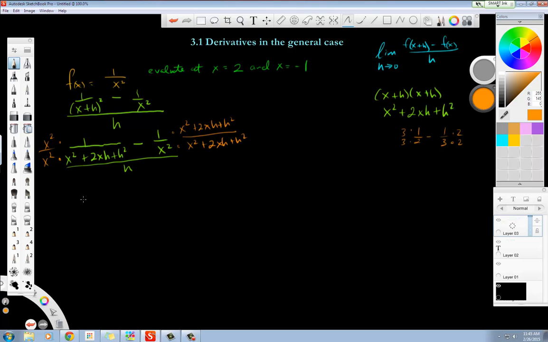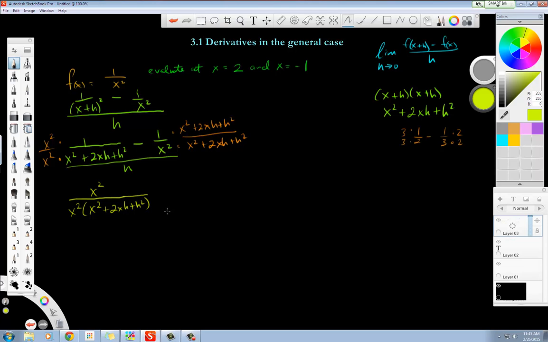All right. So on the next line, I'll go back to my green color. So let's make it a little bit lighter. I'm going to have x squared, and on the bottom I'm going to keep these separated. x squared times x squared plus 2xh plus h squared.